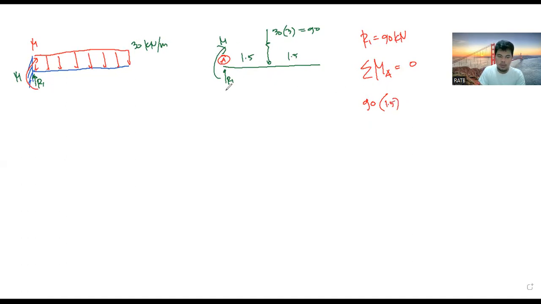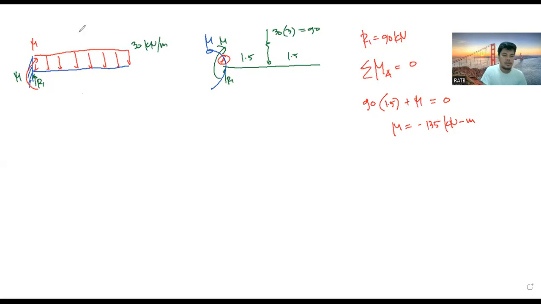The moment here is initially clockwise direction, so plus moment equal to 0. So moment at point A is equivalent to negative 135 kilonewton meter. Since this is negative, the direction supposedly is this one. So that's 135 kilonewton meter.